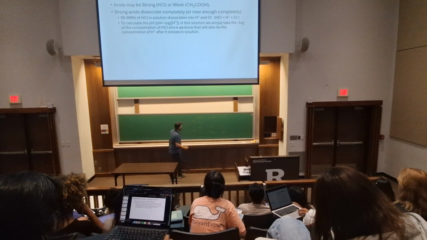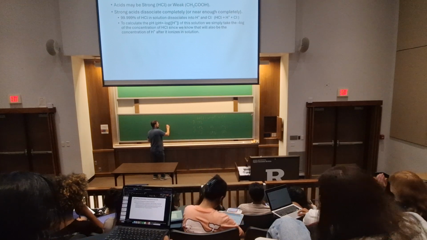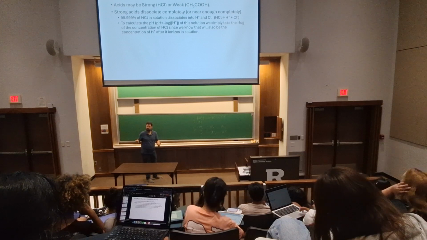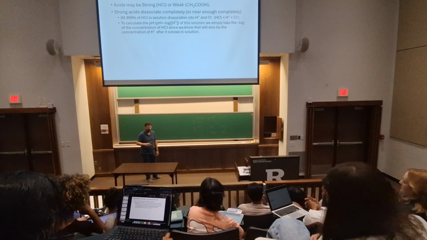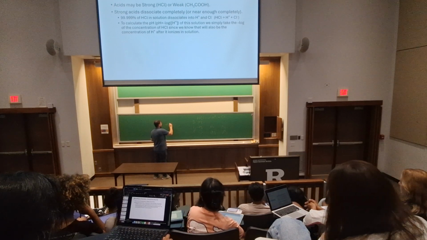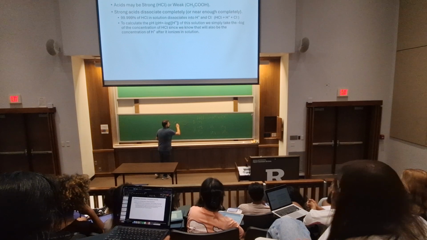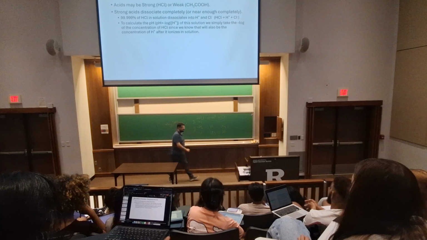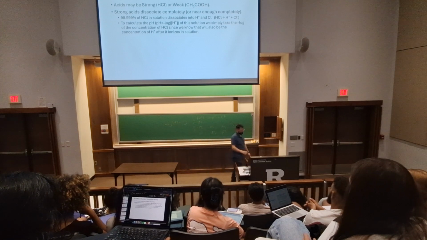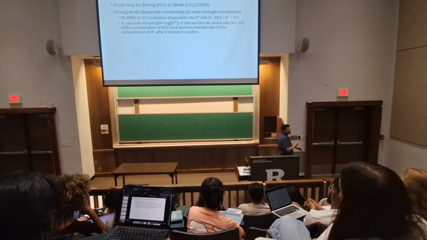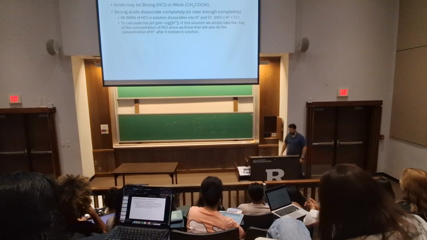So to find out the pH of that solution, pH is simply, P is a mathematical function which always just means negative log. So negative log of H+, in this case, is 0. Log of 1 is 0, negative 0 is 0. So pH of a 1 molar solution of hydrochloric acid is 0.